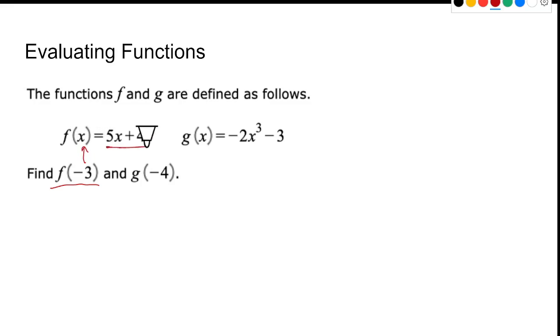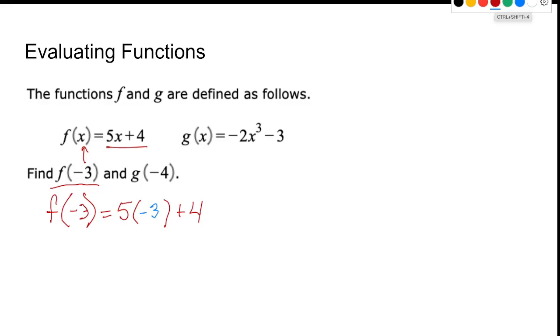So we take the model, the function itself, and we could say that f of negative 3 is going to be equal to, and what I do the first time through is I change the x value to a big open parentheses, 5x plus 4. And then what we do, change colors, is we plug in the input, so differentiating the function from the input, and then calculate it.